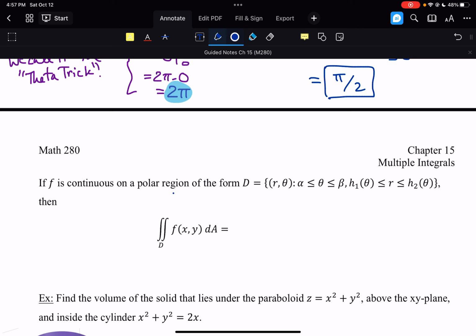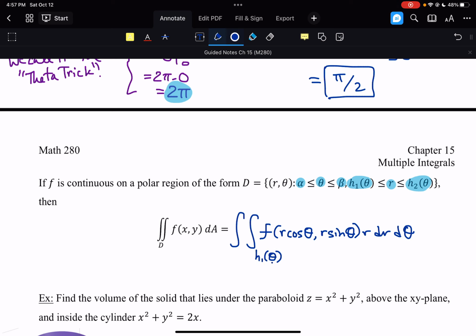So if f is continuous on a polar region of this form, with theta going from alpha to beta, but r going between two functions of theta instead of just two constants, the double integral will be rewritten as f of r cosine theta, r sine theta, r dr d theta, with r going from h1 of theta to h2 of theta, and theta going from alpha to beta.